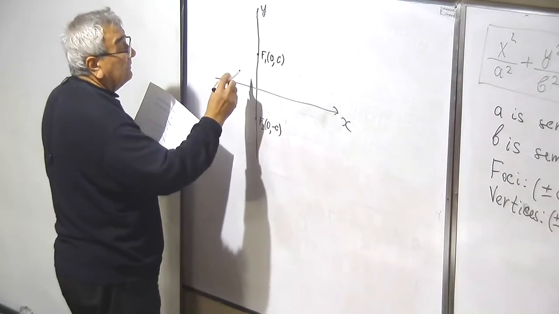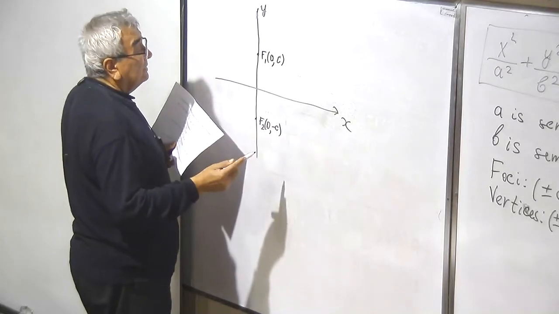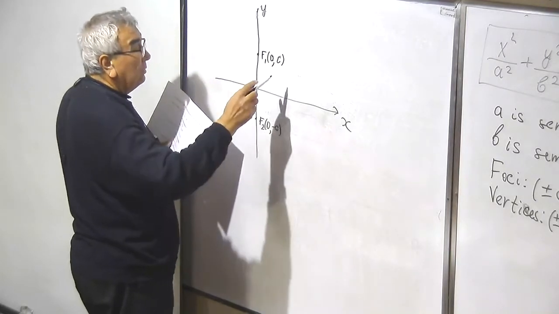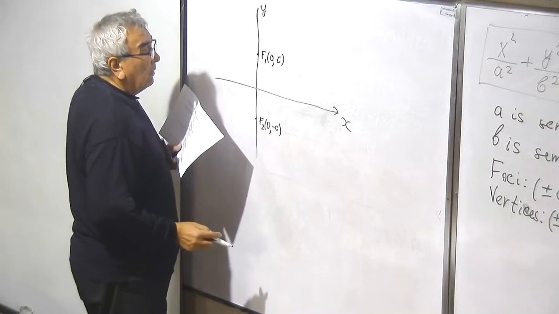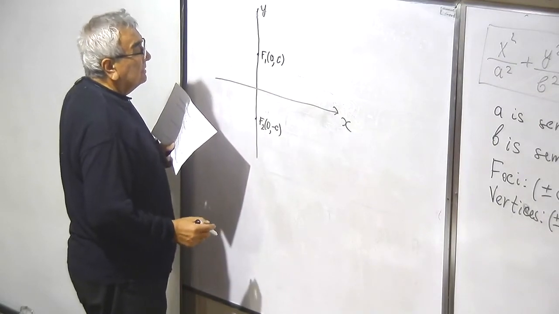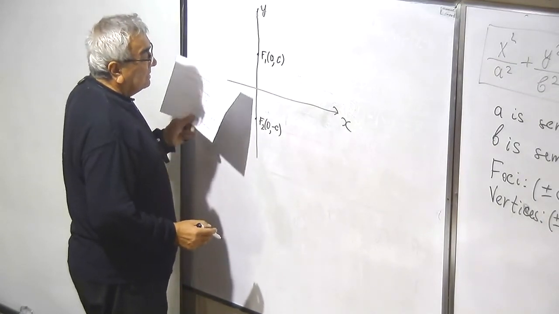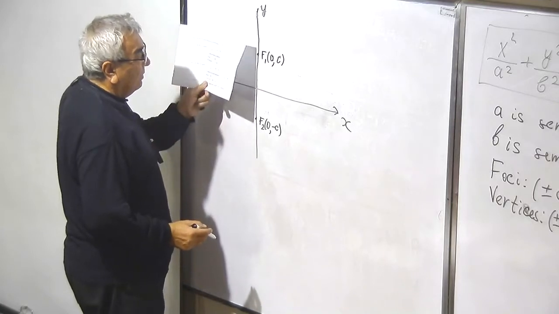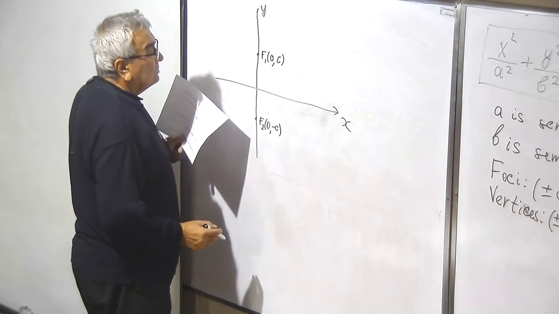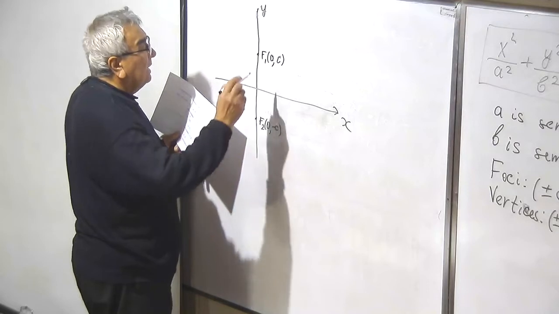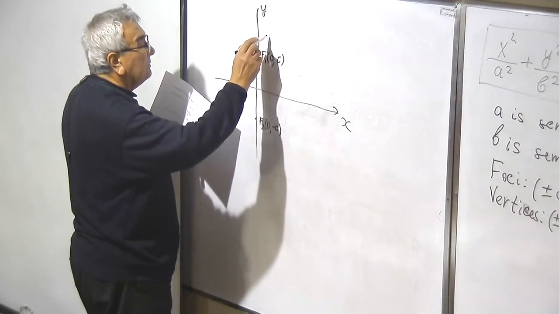Again, if I take the same procedure, the sum of the distances from the foci to a point of the curve should be equal to 2a. I receive this type of curve.